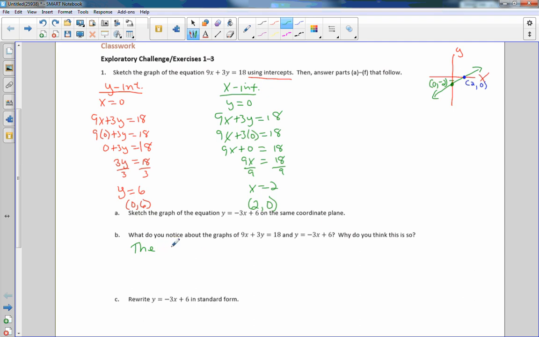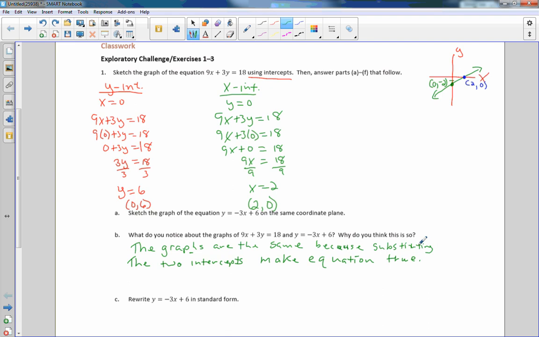You would say the graphs are the same, because substituting in the two intercepts makes each equation true.